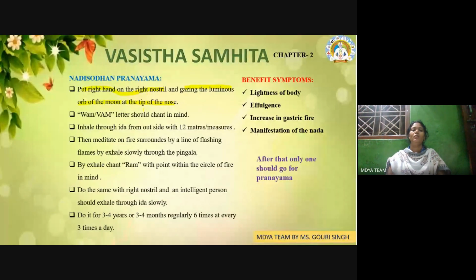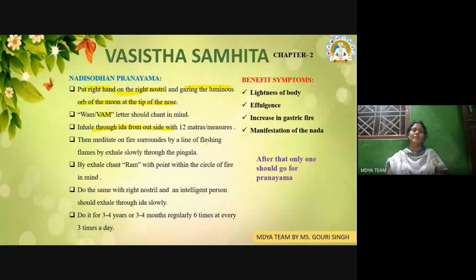And later chant in the mind. You have to always do Manasa chanting, as it is discussed here. The Vam sound, in Sanskrit, is written in English as VAM, but the pronunciation is Vam. The letter Vam should be chanted in the mind. Inhale outside with 12 matras, means 12 measures.